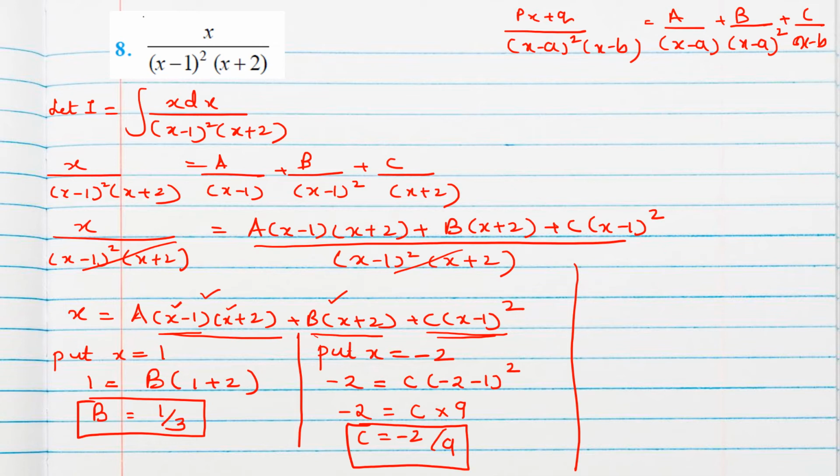So c x square will come. Okay, that means a x square plus c x square equal to 0 x square, because here x square term is not there. Okay, so like this you can check. So a plus c is 0, but c value we got already, that is minus 2 by 9. So a will be 2 by 9.